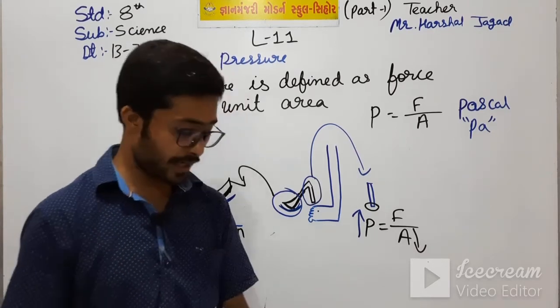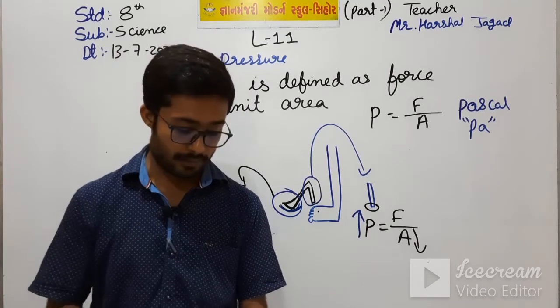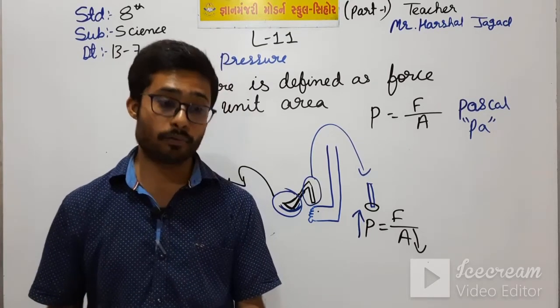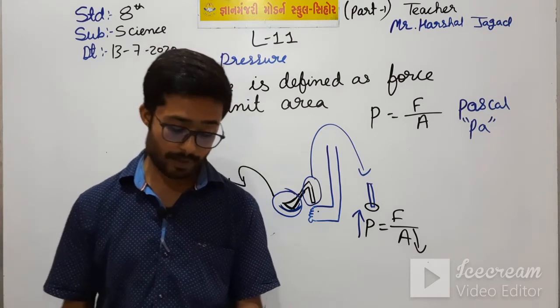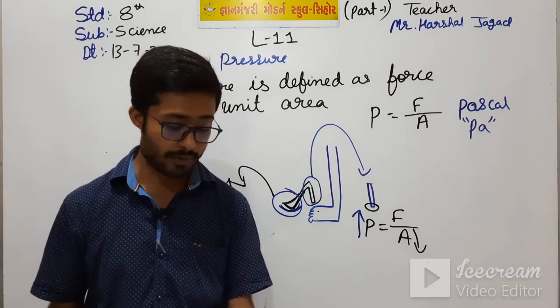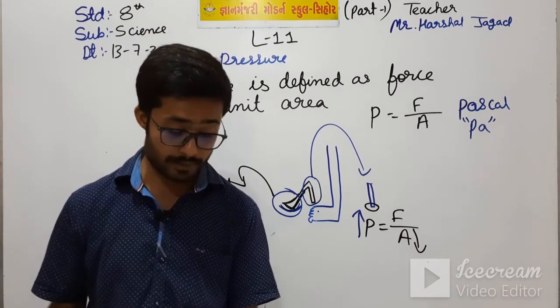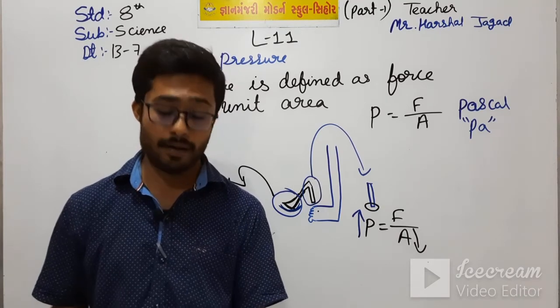Now next is, as mentioned earlier, pressure is force per unit area and its SI unit is Pascal. 1 Pascal is defined as the pressure produced when a force of 1 Newton acts on an area of 1 square meter.